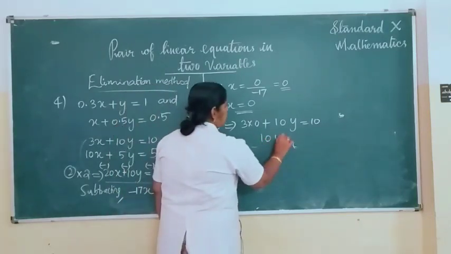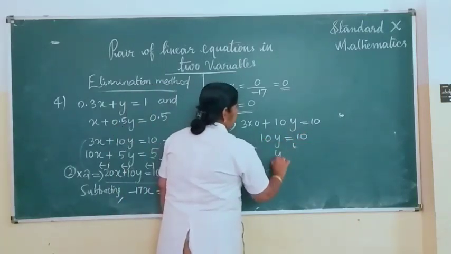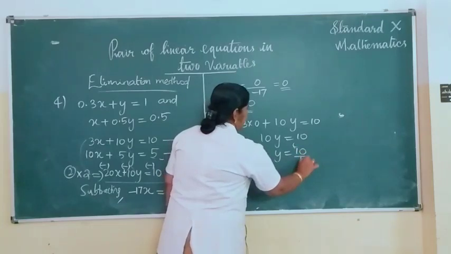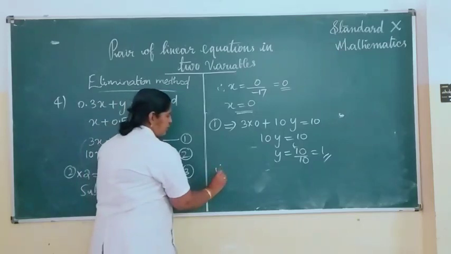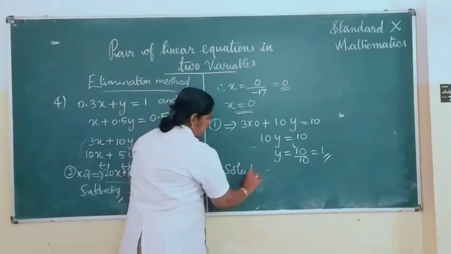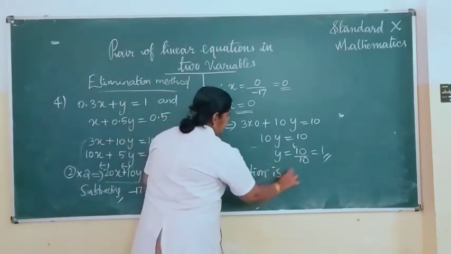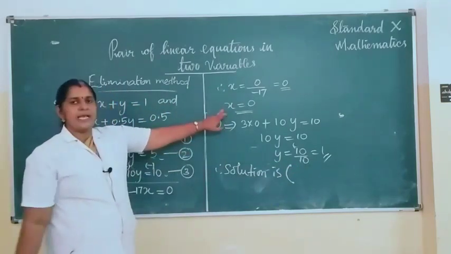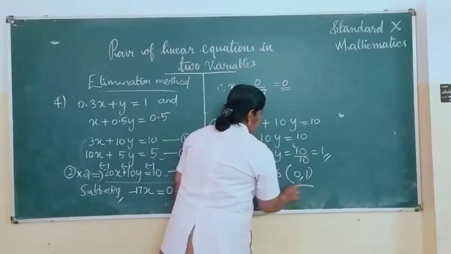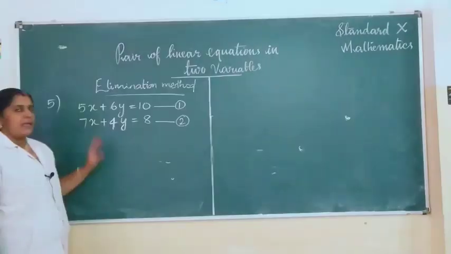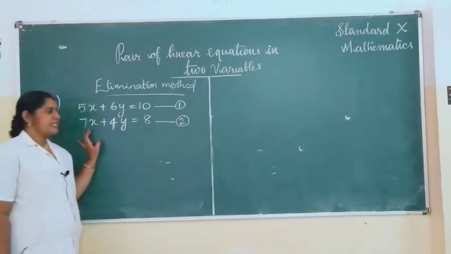So 10y equals 10. Y equals 10 by 10, that is 1. Therefore, the solution of this pair of equations is: first write the x value, 0, comma, y value, 1. That is the answer.